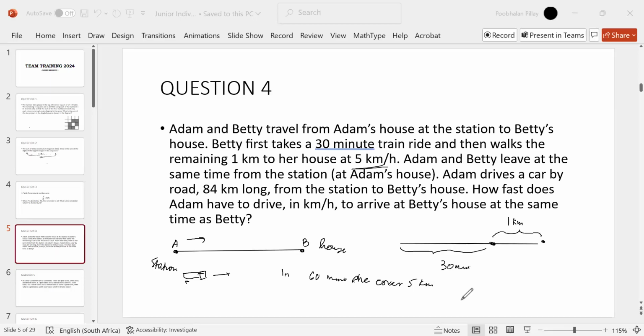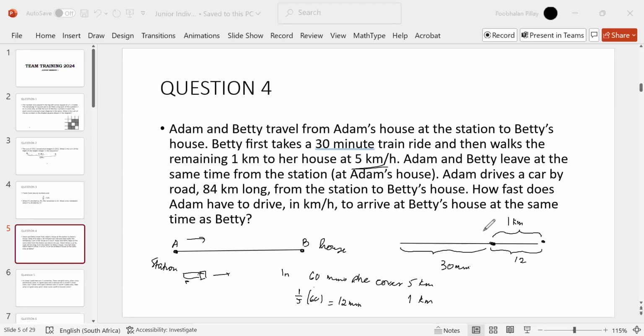But now she only walks 1 kilometer. So how long does it take her to walk that 1 kilometer? It'll have to be 1/5 of this, which is 12. So she actually walks for 12 minutes. So altogether, Betty travels for 42 minutes.